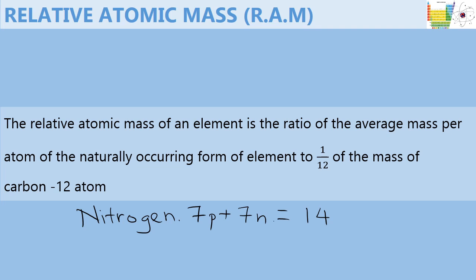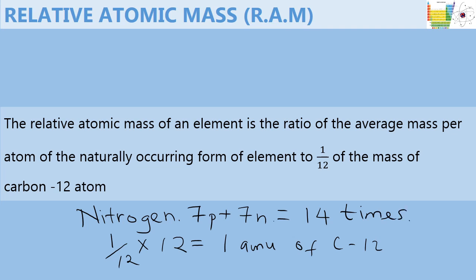This mass number is compared to the mass of 1/12 times 12, which is equal to 1 atomic mass unit of carbon-12. Therefore, nitrogen is 14 times heavier than the mass of 1/12 of 1 atom of carbon-12.